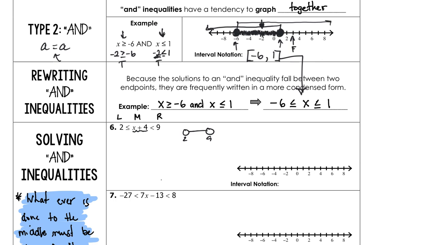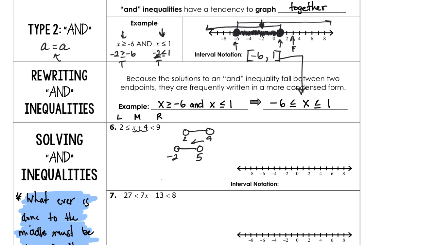Now, I personally know, because I'm your math teacher, that this bar really is going to get shifted to the left, and you'll see why in a second. I'm going to take this bar on a number line and shift it left, and I end up here, and I end up here. If I shift that bar 4 units to the left, 9 goes to 5, and 2 goes to -2.